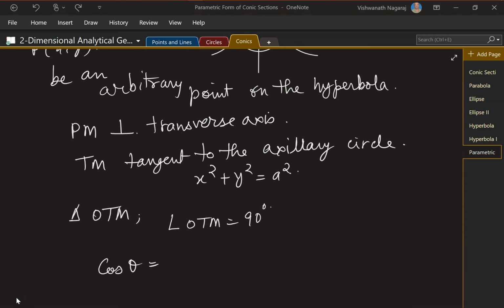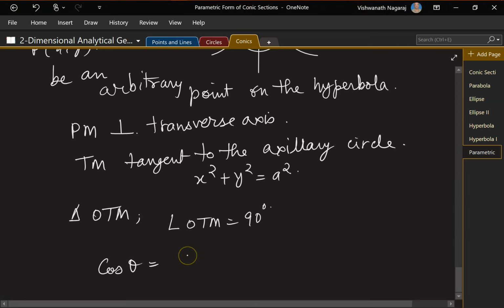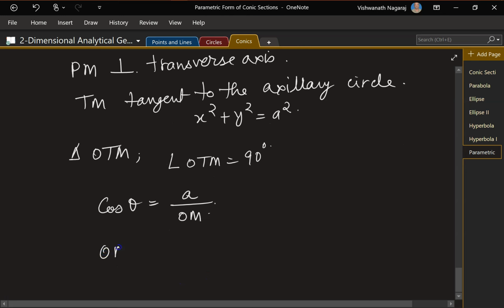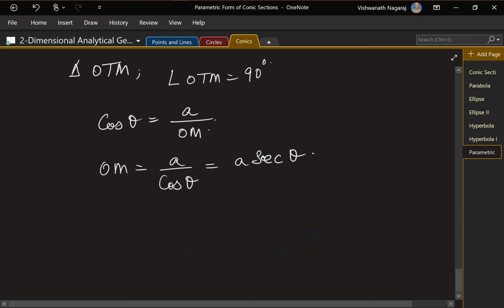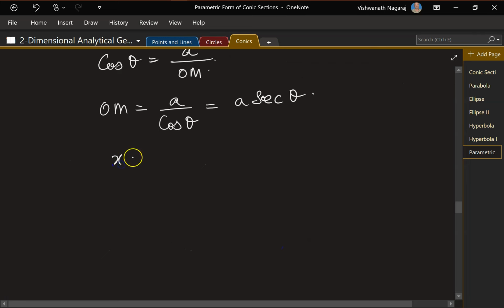So cos theta is equal to adjacent side by hypotenuse. So adjacent side is A by OM, or OM is equal to A by cos theta, or to bring cos theta to the numerator, A sec theta. Now that we have this, OM is X, so X is equal to A sec theta.